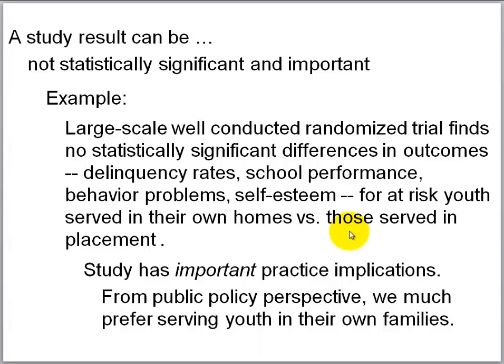So the kids randomly assigned to placement and the kids randomly assigned to own home services have similar outcomes. Now, this study is an example of a study in which several results are not statistically significant. Yet this study does indeed have important practice implications.